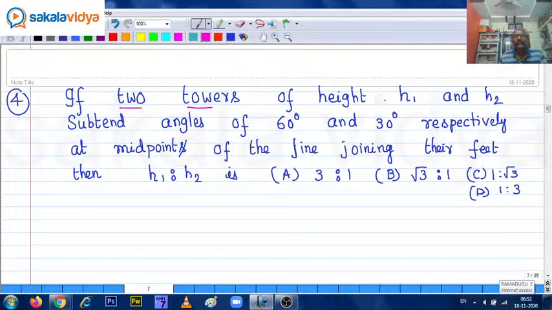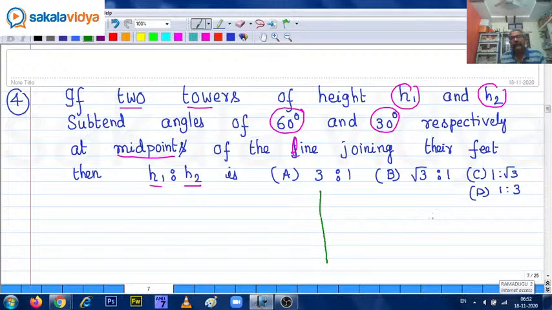Two towers of height h1, h2 subtend angles 60 degrees, 30 degrees respectively at the midpoint of the line joining their feet. Then the ratio of the heights of the towers, h1 is to h2, we need to find out. So first we need to draw the figure. This is the first tower, this is the second tower. This is the line joining their feet.